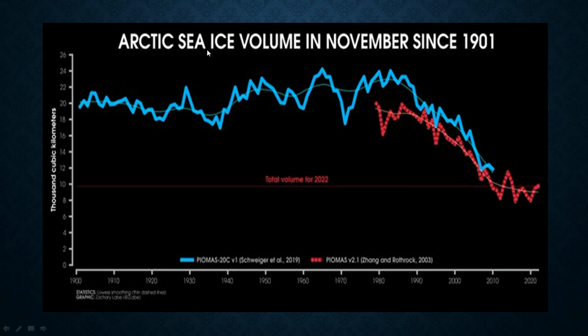So it has gone from a height of about 24,000 cubic kilometers all the way down to about 10. So they looked at a couple biomass data sets with some updates. This is ice volume.